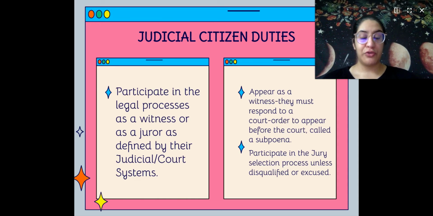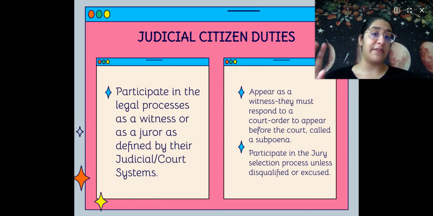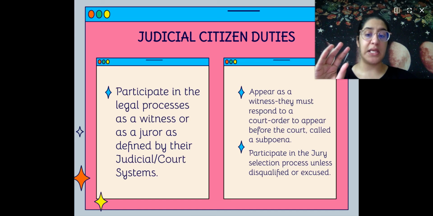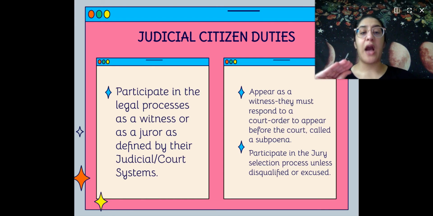Because part of that fair trial is in the Bill of Rights for the United States, which is that we have a trial by jury. So it's people from our community who are like us, looking at the evidence, looking at the facts, and seeing what is true and what is false, and deciding how the outcome of the trial goes.